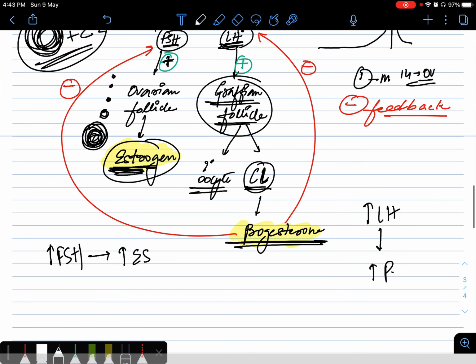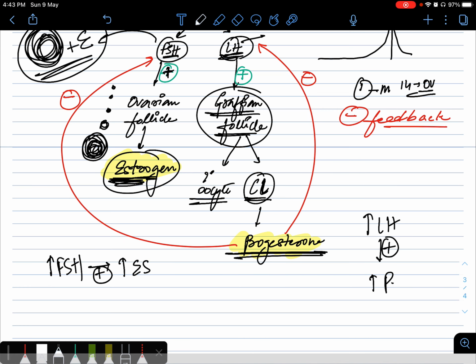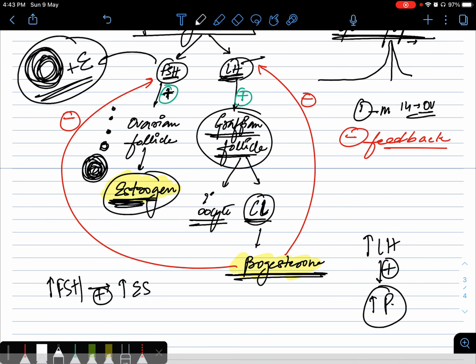But it's not the same for the opposite. More progesterone gives a negative feedback. Progesterone gives a negative feedback to LH, and progesterone also gives a negative feedback to FSH.